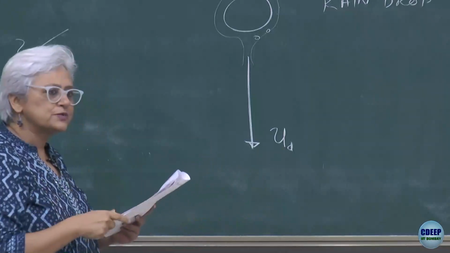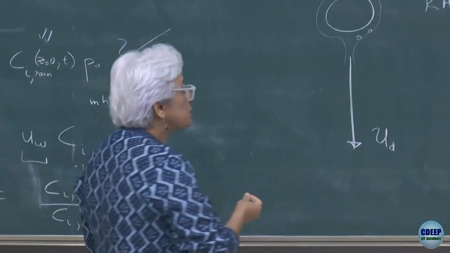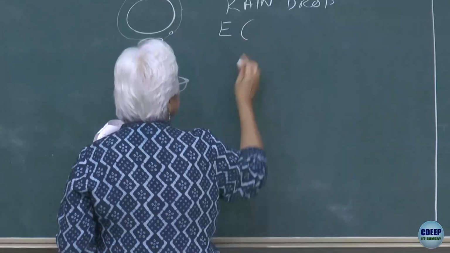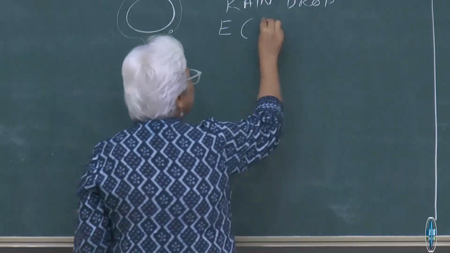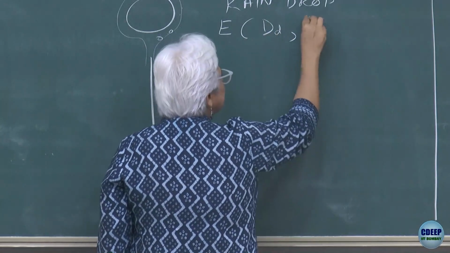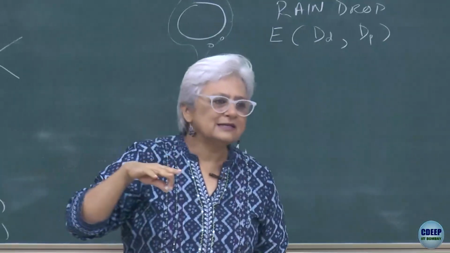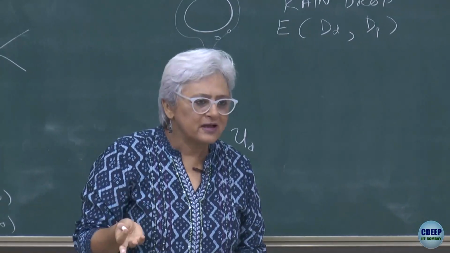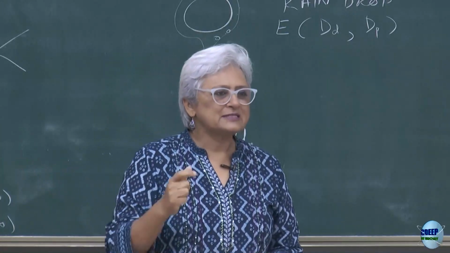So we can use our same approaches that we used, and so we want eventually to write a single collector efficiency, and now we have to have that in terms of the drop diameter as well as the particle diameter, right. Because earlier we had it in terms of the particle diameter alone, because it was really the particle sort of on its own that was being intercepted.